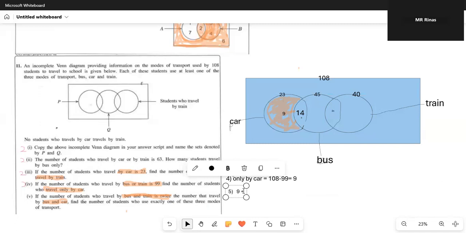Plus, altogether the students who travel by the bus is 45.